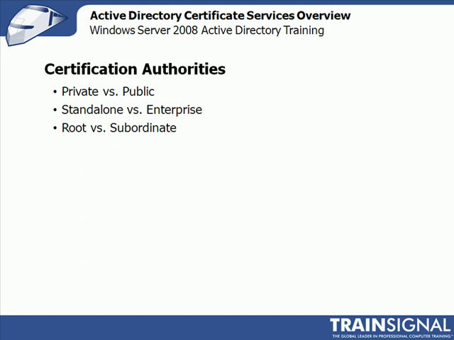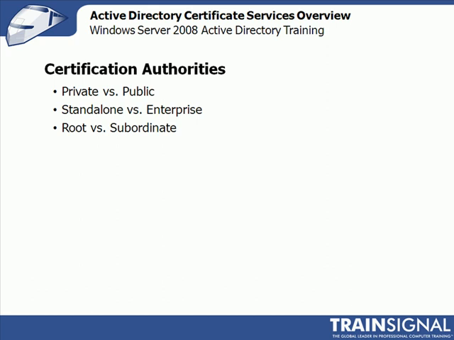Okay, and the auto enrollment component is huge when using enterprise CAs, because that means that users, just by being a member of an Active Directory domain, can be automatically recognized and validated and issued a certificate. Because, see, that's the whole purpose of a CA.